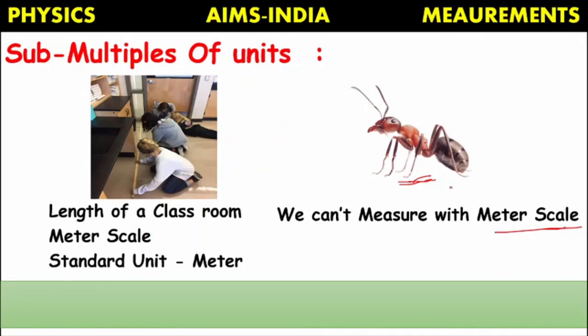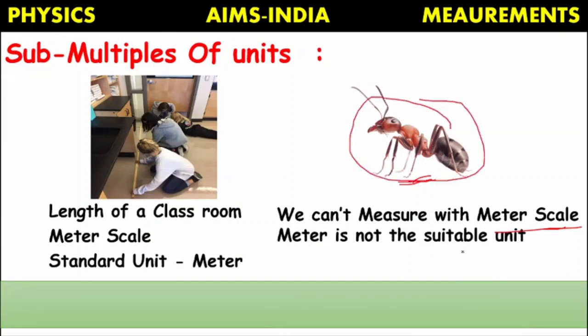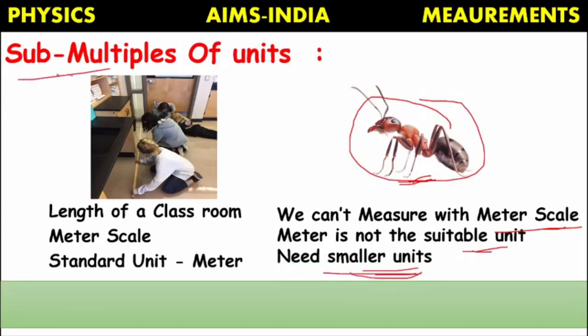So there is a need of smaller units than meter, so that even small measurements can be measured. Those smaller units are called submultiples of standard units.